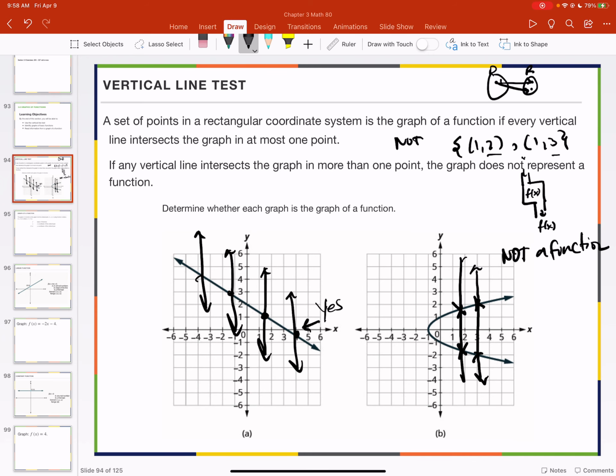It makes sense, because let's say here it crossed at points (3, 2), and here at (3, -2). See, the x repeats, and you have two different outputs for the same input, so this is not a function.